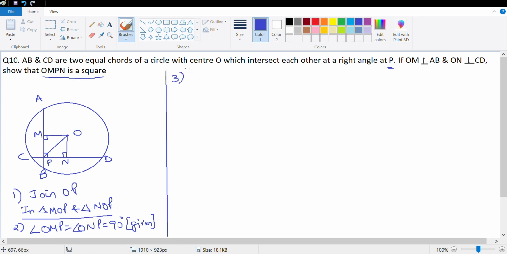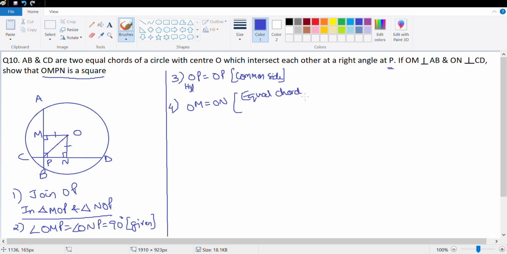Next, I have OP is equal to OP. This is common side. So this is the hypotenuse OP. And then the last one would be OM is equal to ON. OM and ON are equal. Why are they equal?